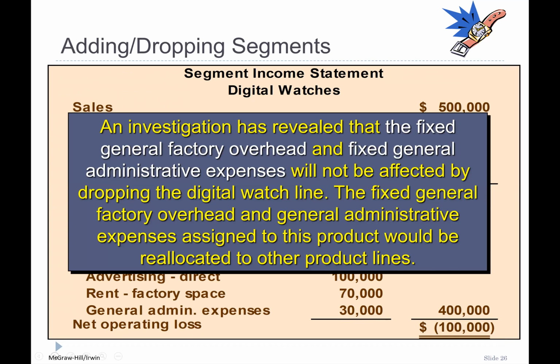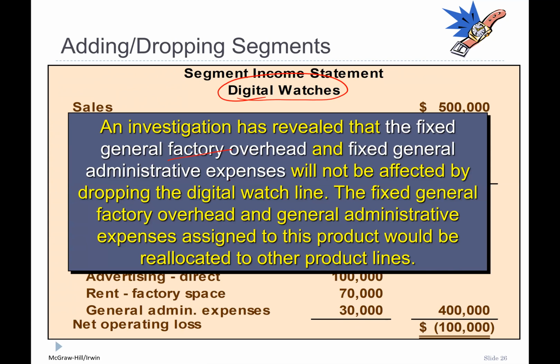Now, the investigation has revealed that the fixed general factory overhead and fixed general administrative expense will not be affected. So whether we drop the digital watch segment or not, we still have to pay the general factory overhead and general administrative expenses.